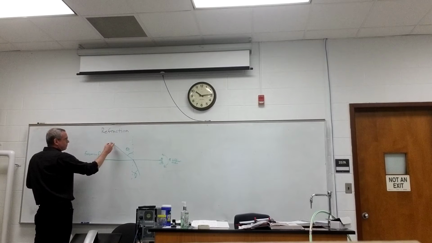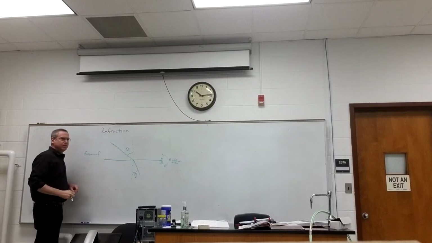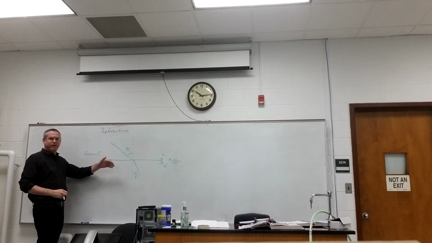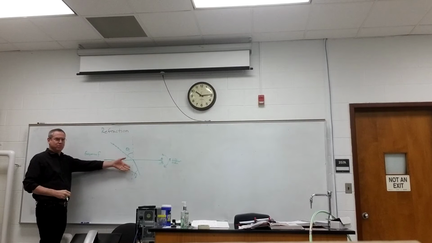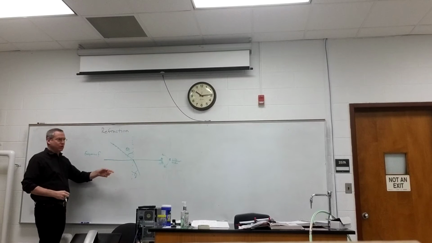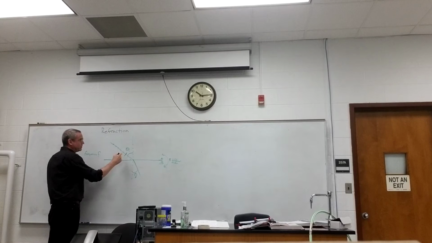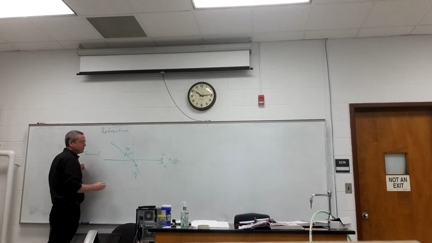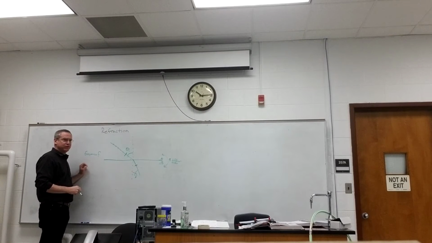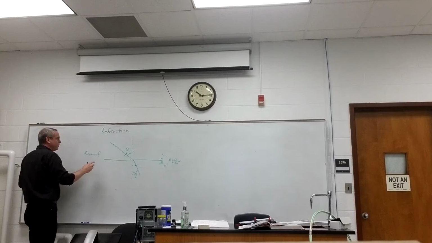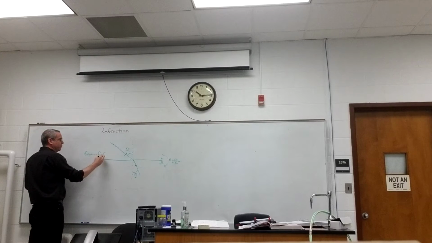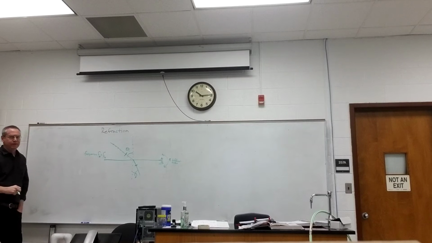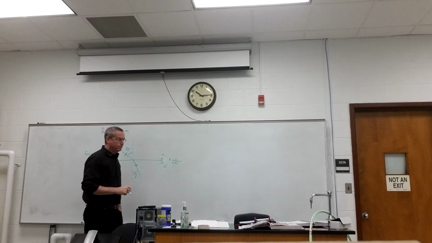If I have 5 cycles a second coming in, it's going to hit the boundary and it's going to be 5 cycles a second afterwards also. The number of cycles per second doesn't change just because it enters a new medium. So the frequency up here should be equal to the frequency down below. And that's the common thing that we're going to be exploiting.